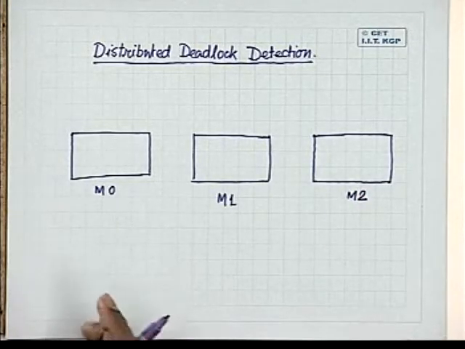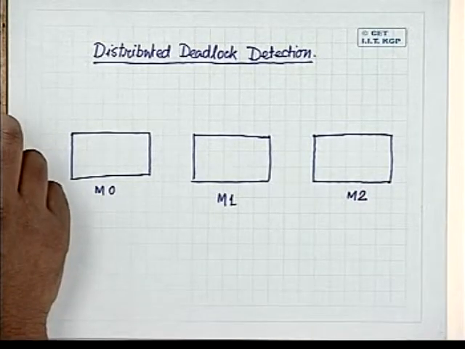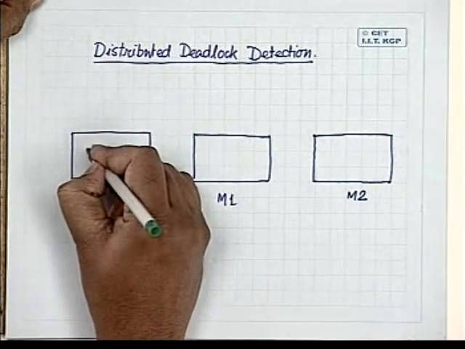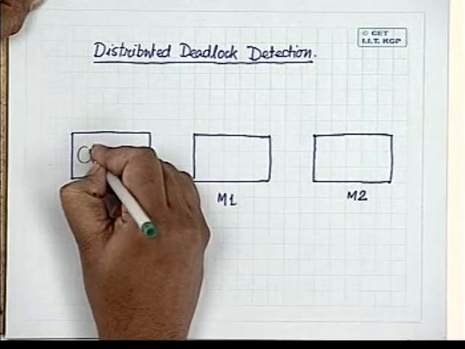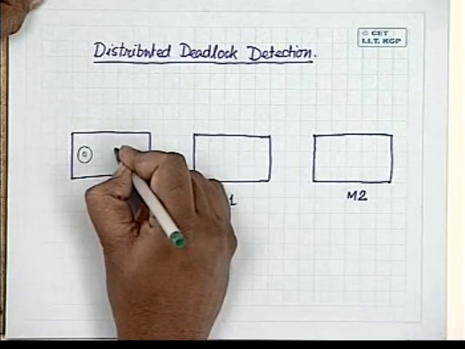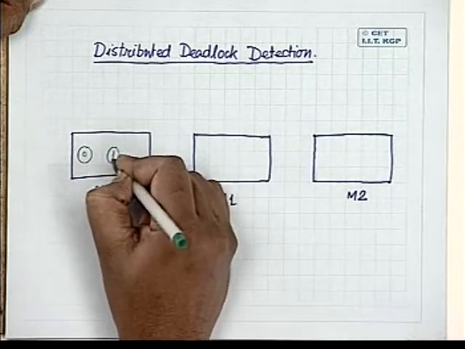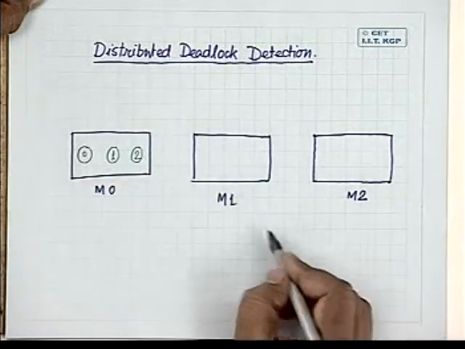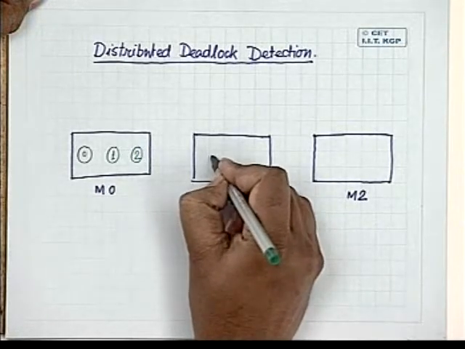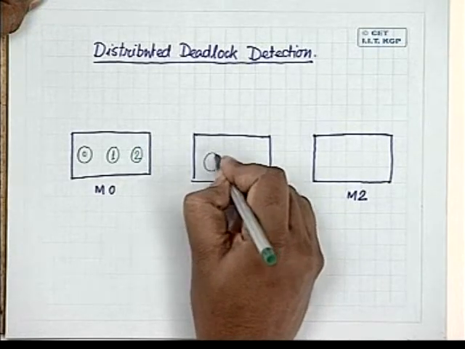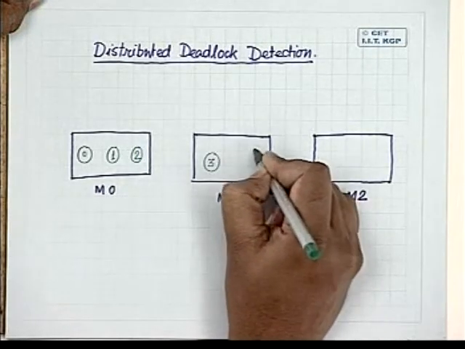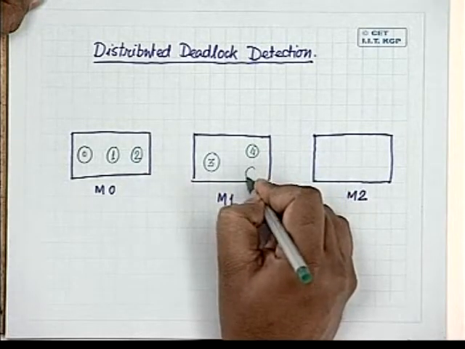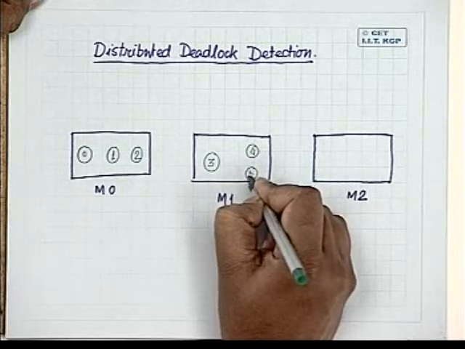Now in machine number 0, let us assume that there are three processes: process 0, process 1, process 2. In machine 1 we can again have three processes: process 3, process 4, process 5.